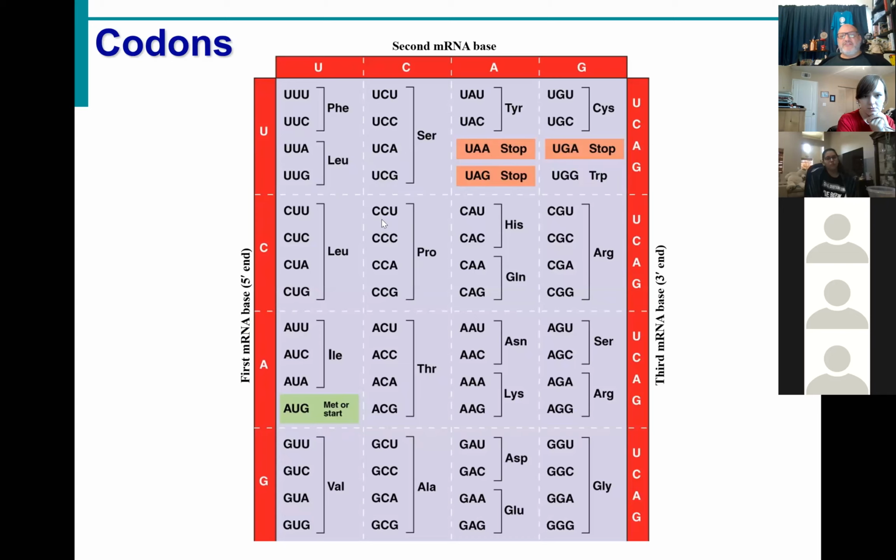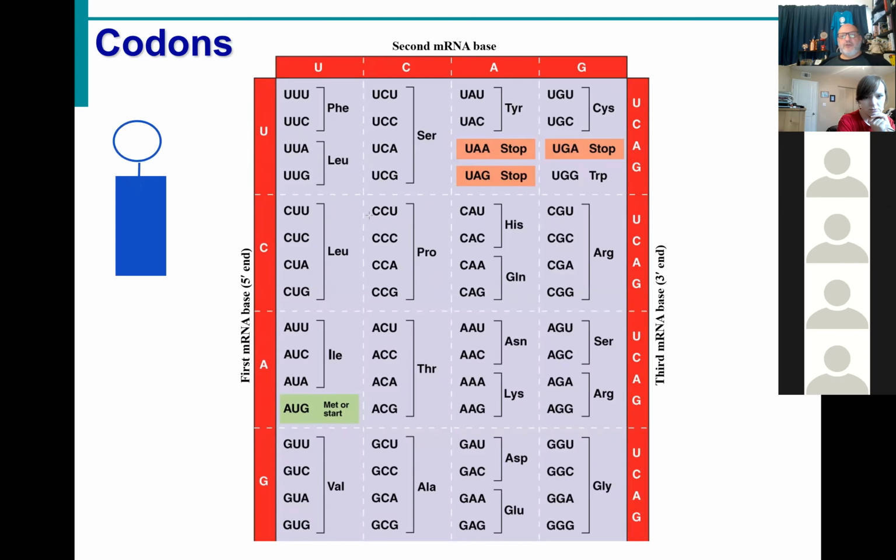As I mentioned, CCU is the messenger RNA codon for proline. So which transfer RNA would bring proline to the party? If the codon was CCU, what would our anticodon be? GGA.